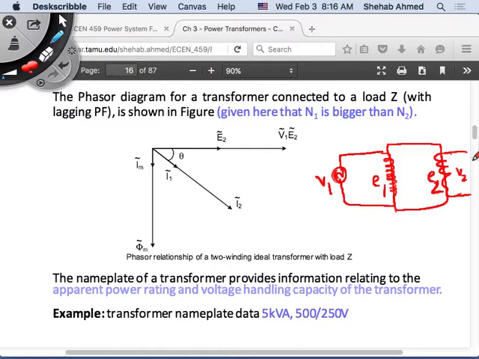V2 is the terminal voltage of the transformer. So as soon as I put a voltage, I will have current flowing. Why will this current flow? To set up the magnetic field. It's going to set up a magnetic field.